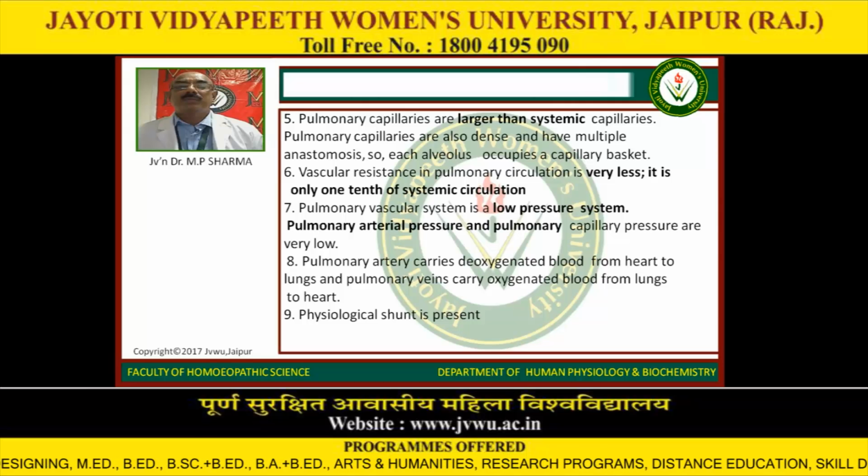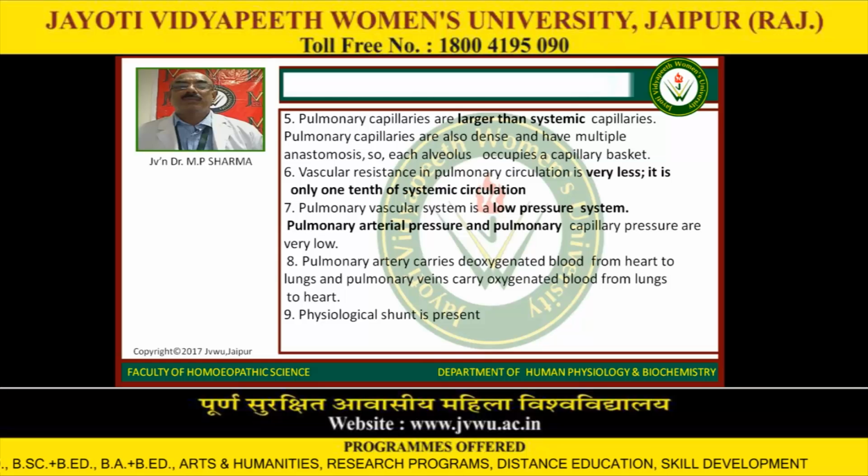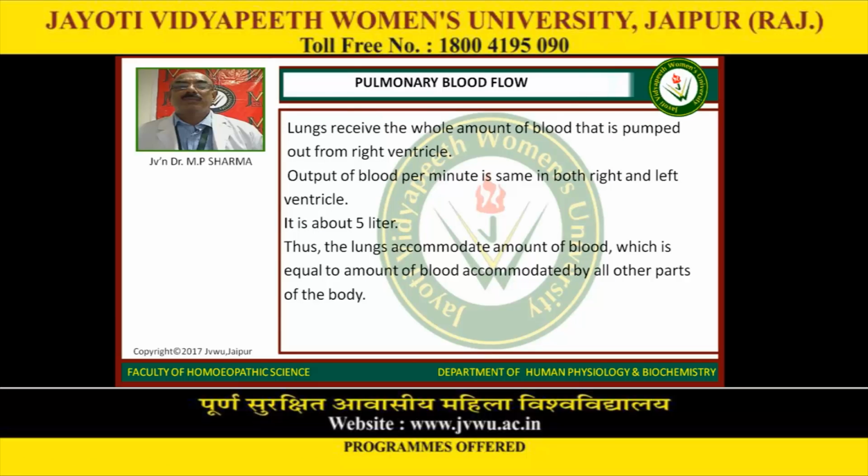Number 7, pulmonary vascular system is a low pressure system. Pulmonary arterial pressure and pulmonary capillary pressure are very low. Number 8, pulmonary arteries carry deoxygenated blood from the heart to the lungs and pulmonary veins carry oxygenated blood from the lungs to the heart. Number 9, physiological shunt is present.